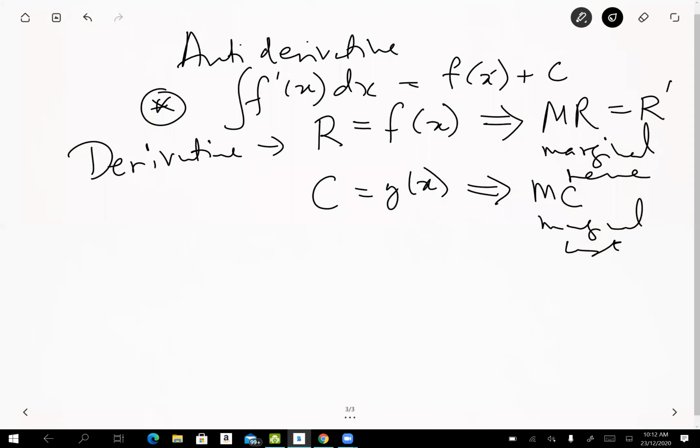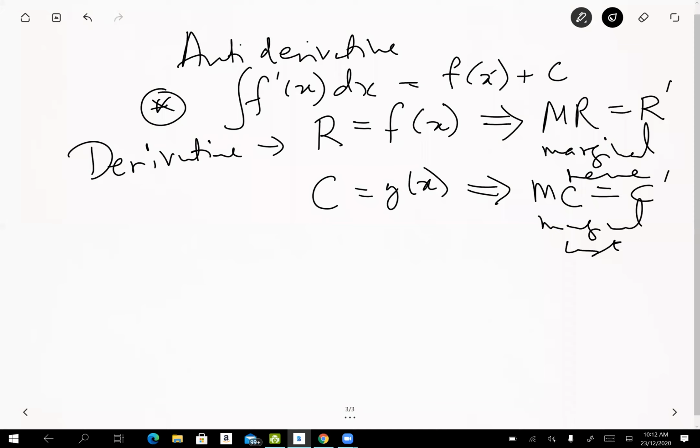So we ask this the other way around. If we are given the marginal cost, I want to find the cost function. I can find the cost function by integrating. Or given the marginal revenue, I can integrate the marginal revenue and I will get revenue.